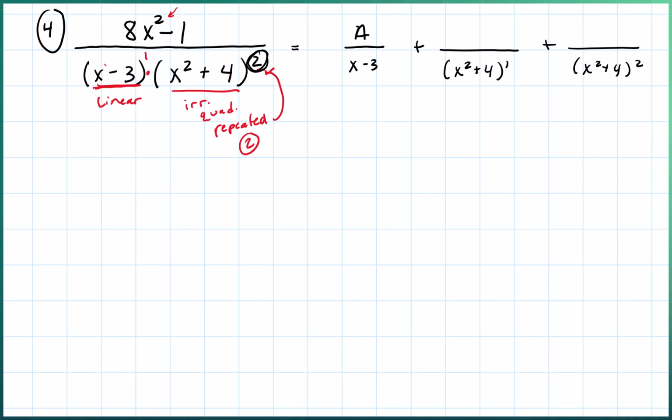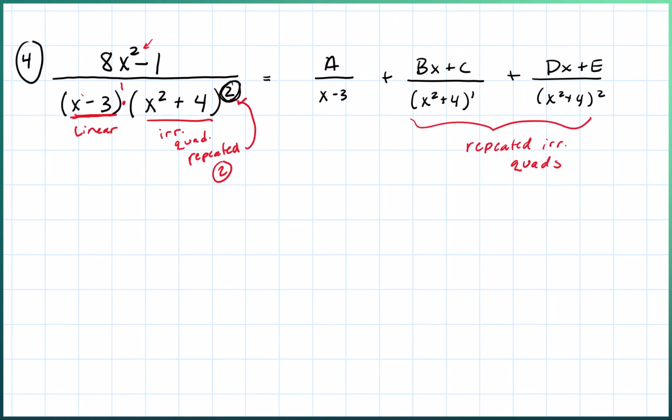Now, since these are repeated irreducible quadratics, the numerator of each of these will be a linear term. So we can't actually start with A because we already used A. So let's start with capital B, x plus C, and then Dx plus E. And that's how those will break down.